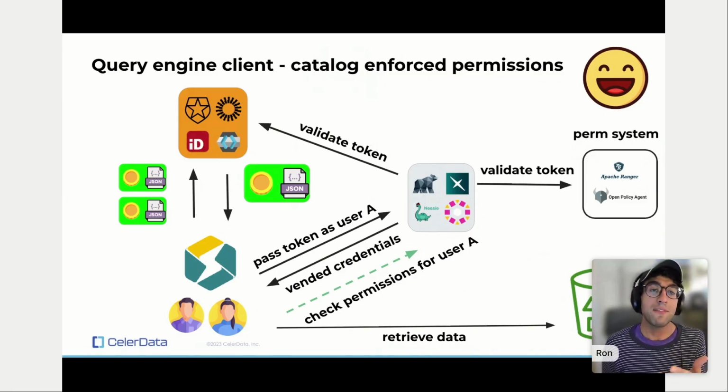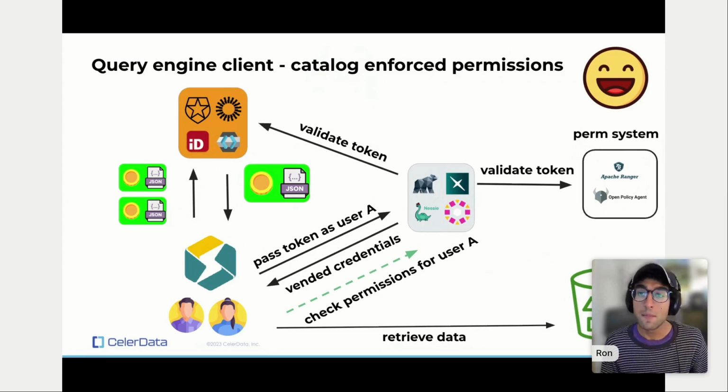So then we have this token representing us. We pass the token as user A to the REST catalog. We validate the token again with our identity provider, whatever that identity provider may be. Now, then we, in fact, go back to the permission system. We validate the token. And once we validate the token, we get vended credentials.